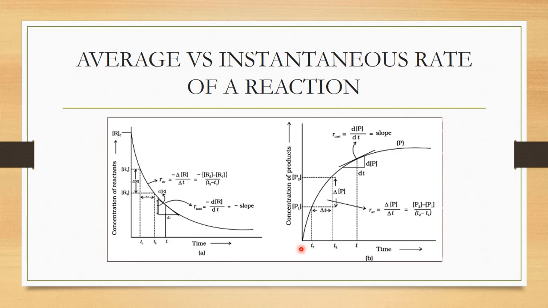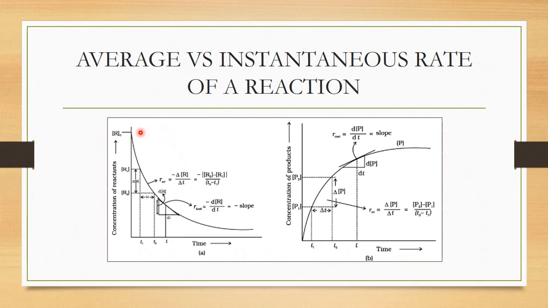As the reaction proceeds, concentration of product goes on increasing. So keep on noting the concentration of product at regular intervals of time. You may take reactant, you may take product. And then plot a graph taking the concentration of reactant or product on the y-axis and time interval on the x-axis.